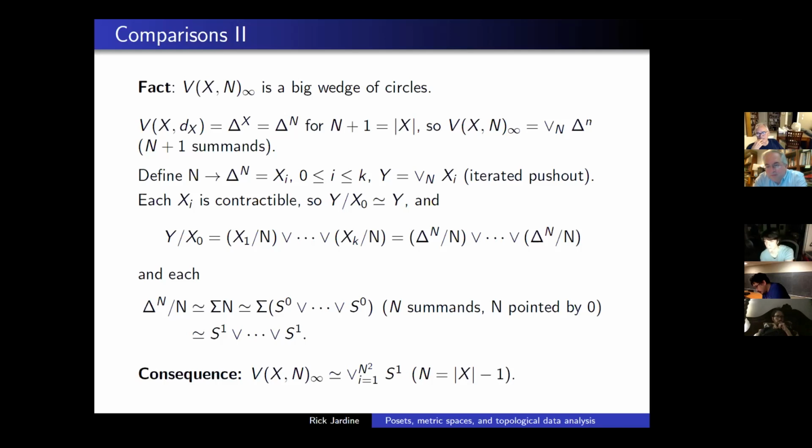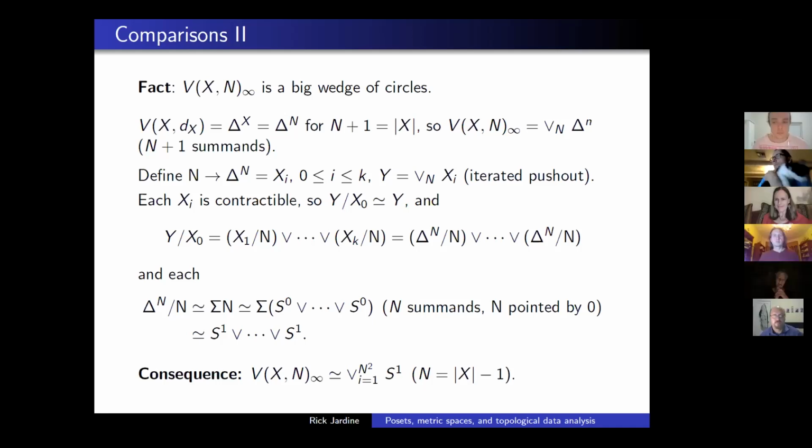You're just wedging a bunch of copies of S naught, which is what a discrete set looks like in the pointed homotopy category, right? That's pretty easy. There's nothing fancy there.